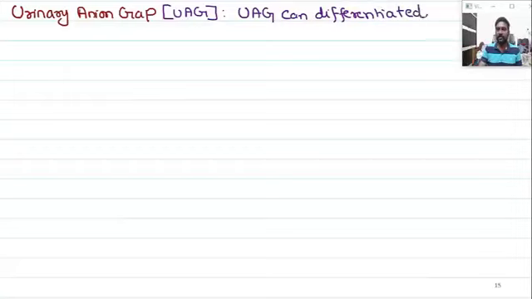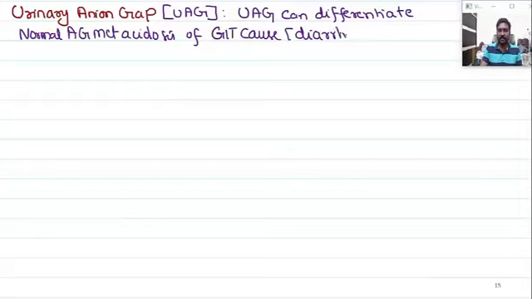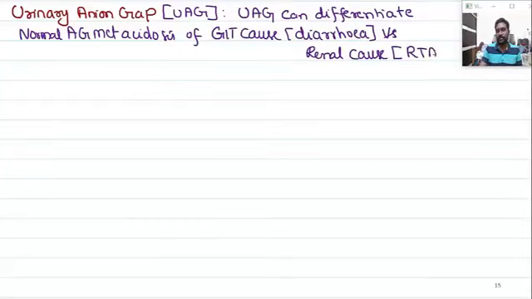It can differentiate normal anion gap metabolic acidosis of GIT cause, commonly encountered is diarrhea, versus a renal cause, commonly encountered is renal tubular acidosis.